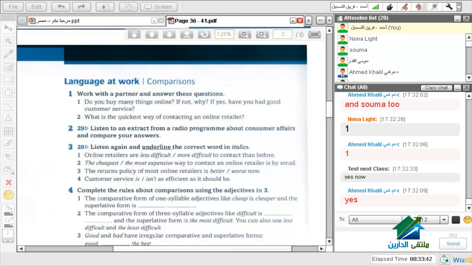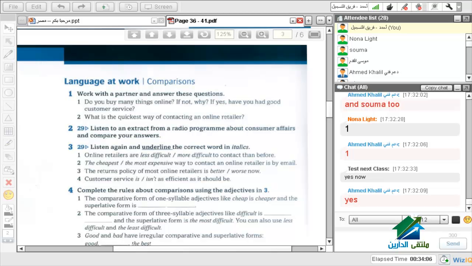So, what's the quickest way of contacting an online retailer? Well, of course, I think you can go online and buy stuff from some site like eBay or Amazon.